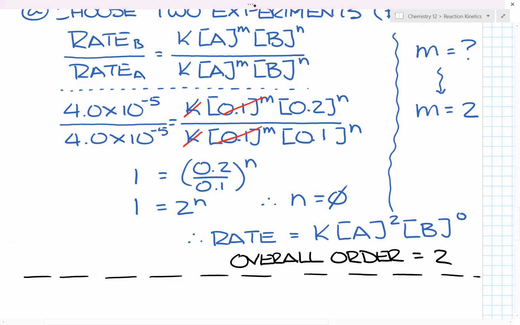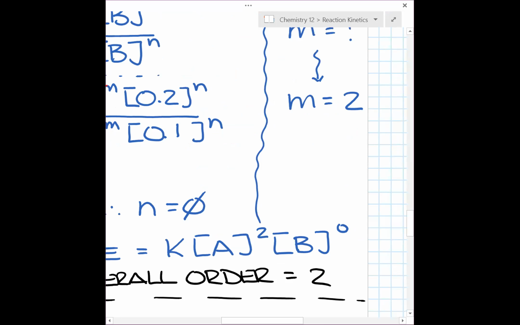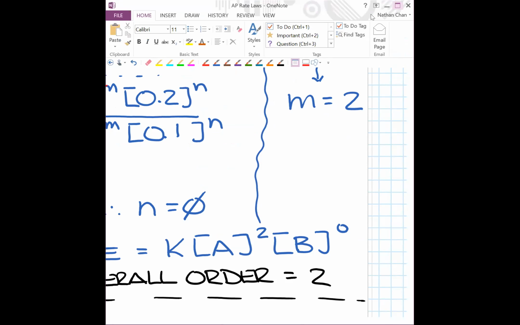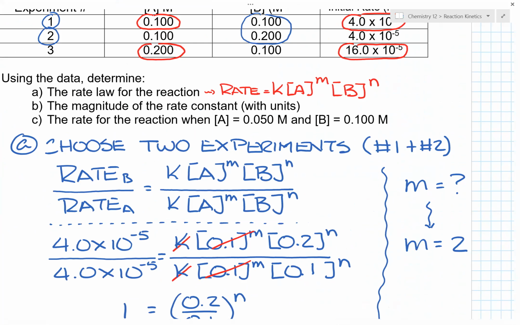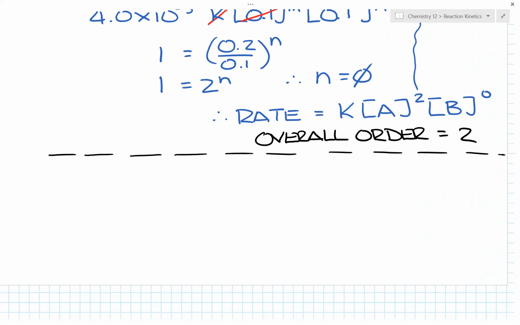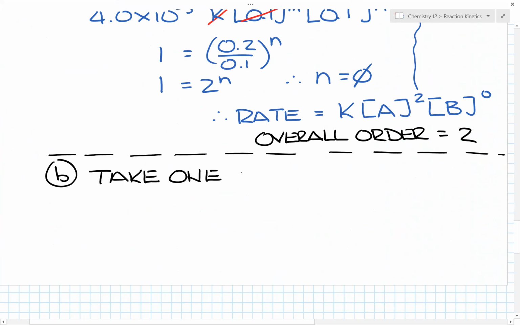Now, you might say, well, what about part B? Okay, let me see here. So part B says, calculate the magnitude of the rate constant with units. So for question number B, what we could do is take one experiment and plug in.